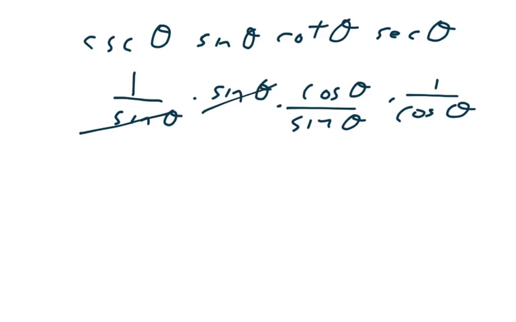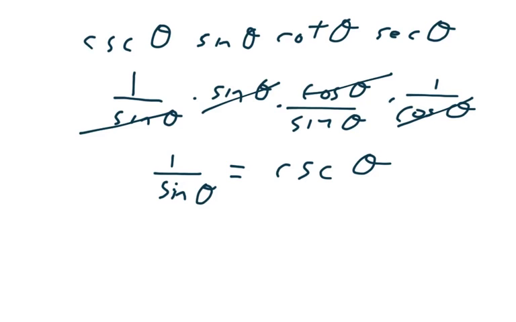So the sines cancel, and the cosines cancel, and so the only thing we have left is a sine in the denominator, which is the same thing as cosecant theta, so my answer is cosecant theta.